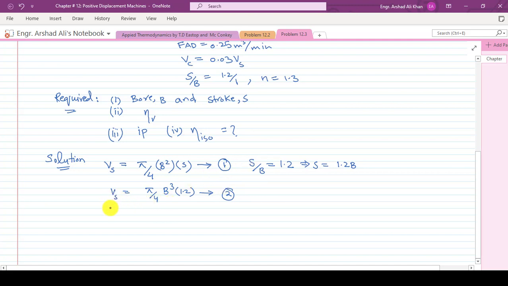Here we have to first find the swept volume. From the given data and from the PV diagram, swept volume is equal to VA minus VC. Also we have that VC is equal to 3% of swept volume, that is 0.03 of the swept volume.